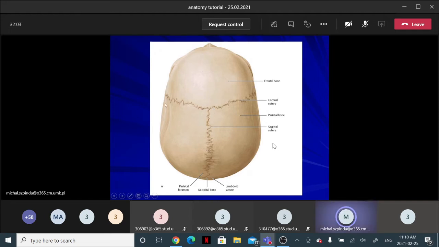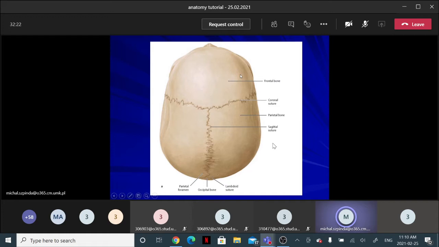In order to understand the structure of the skull, at the very beginning, we should be familiar with its exterior.